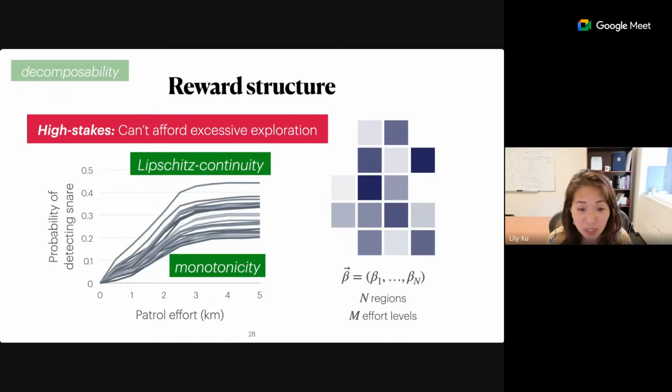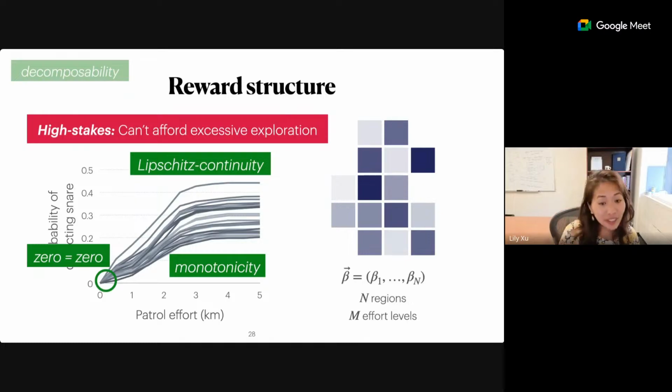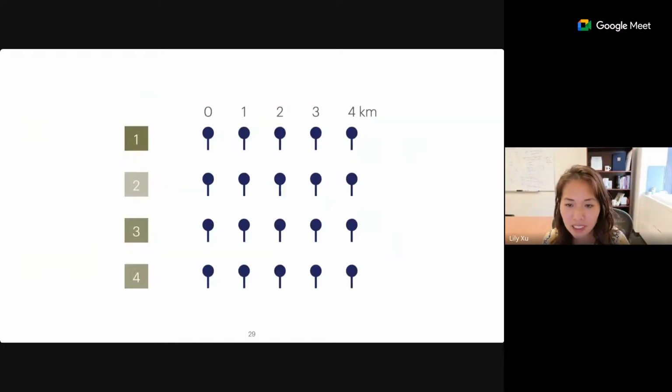This function is Lipschitz continuous, so it is smooth with a bounded derivative that we'll refer to as L. And very intuitively as well, the expected probability of finding a snare for no patrol at all is 0. So we know one point on this function: 0 patrol indicates 0 expected reward. All of this domain knowledge we can transfer into our learning process.